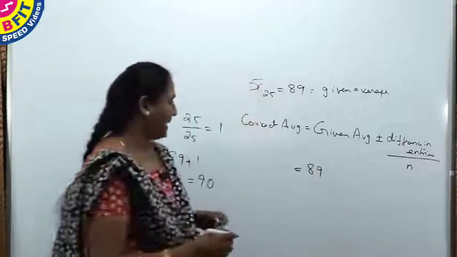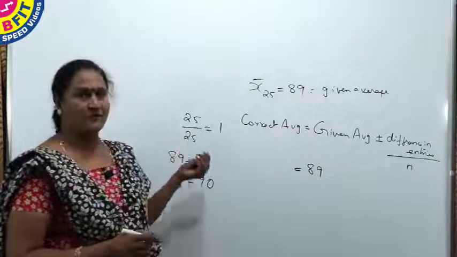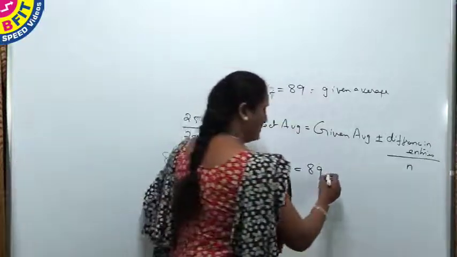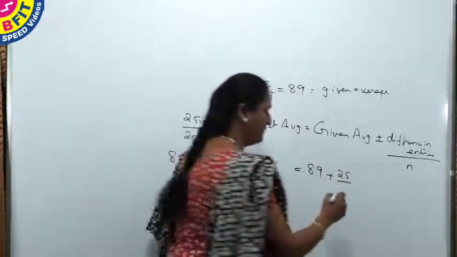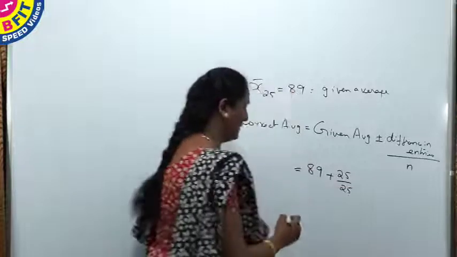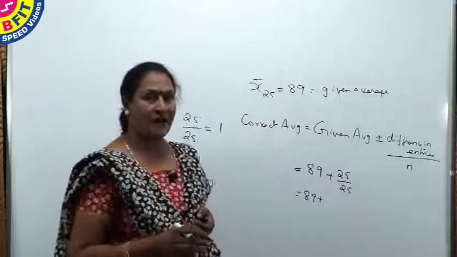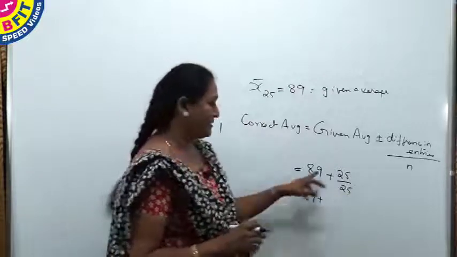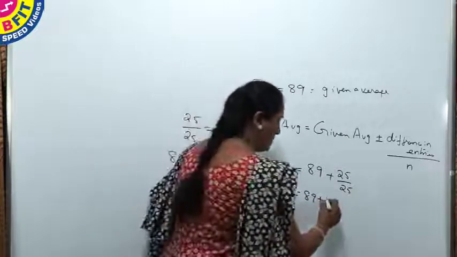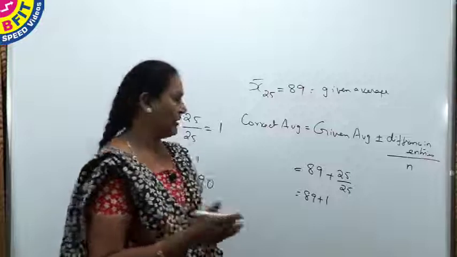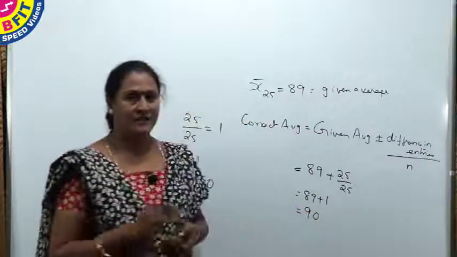Here the given average is 89, and as in this problem the difference between the entries is positive, that is plus 25, and the number of terms is also 25, so we divide this by 25. So given average 89, and the increment in the average will be 1, because this implies that each term is increased by 1, so the average also increases by 1 accordingly, and the correct average is 90.